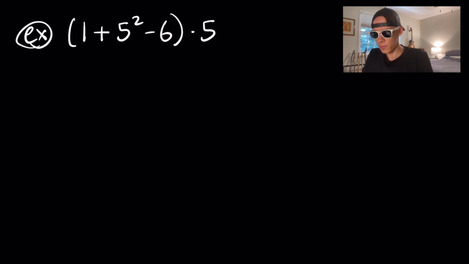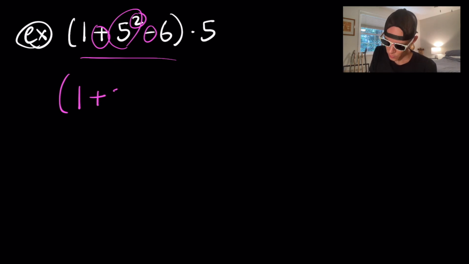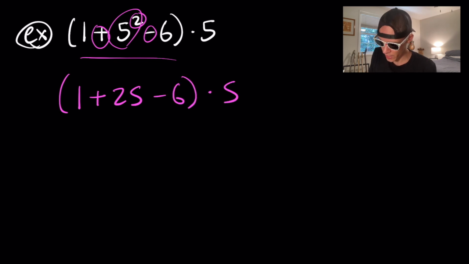in parentheses, 1 plus 5 squared minus 6, and then all that times 5. So definitely going in the parentheses first. And we have addition, an exponent, and subtraction. So we're going to take care of that exponent first. So I'll have 1 plus 5 squared is just 5 times 5, which is 25, minus 6, and then times 5.